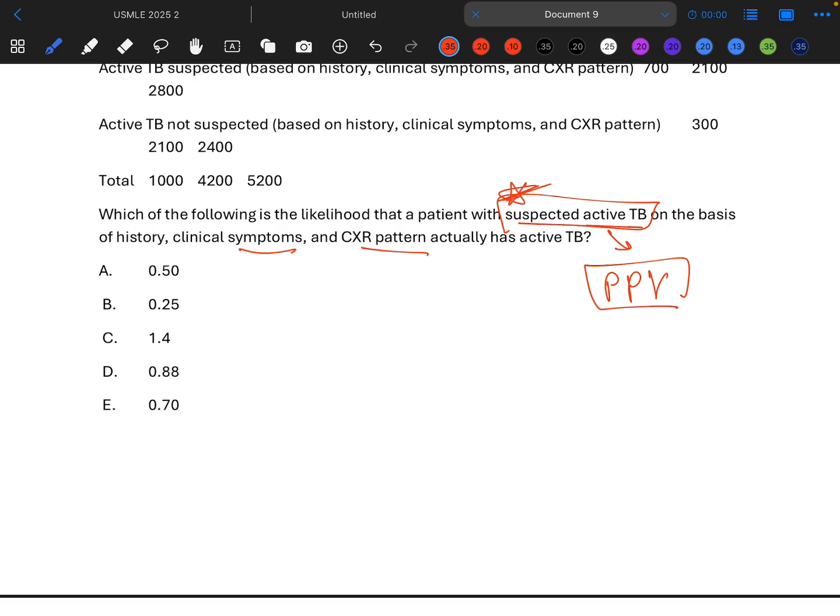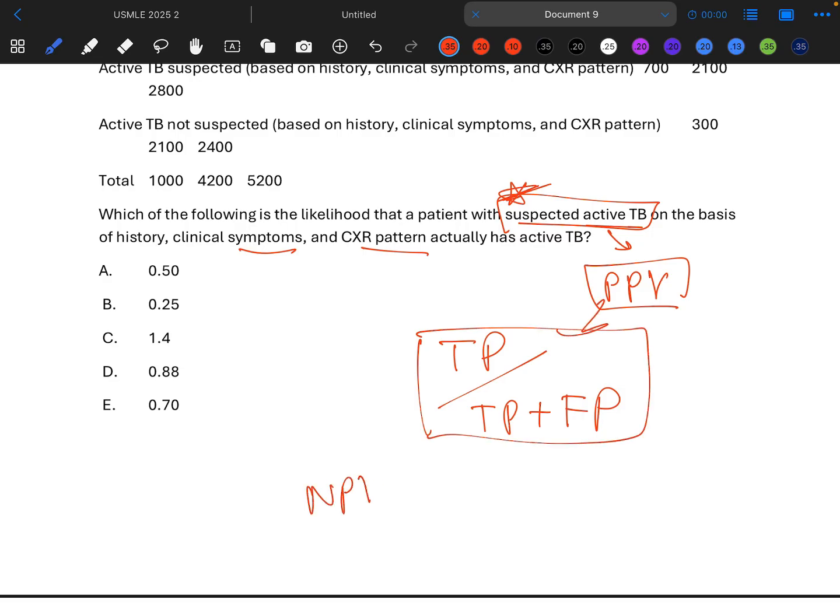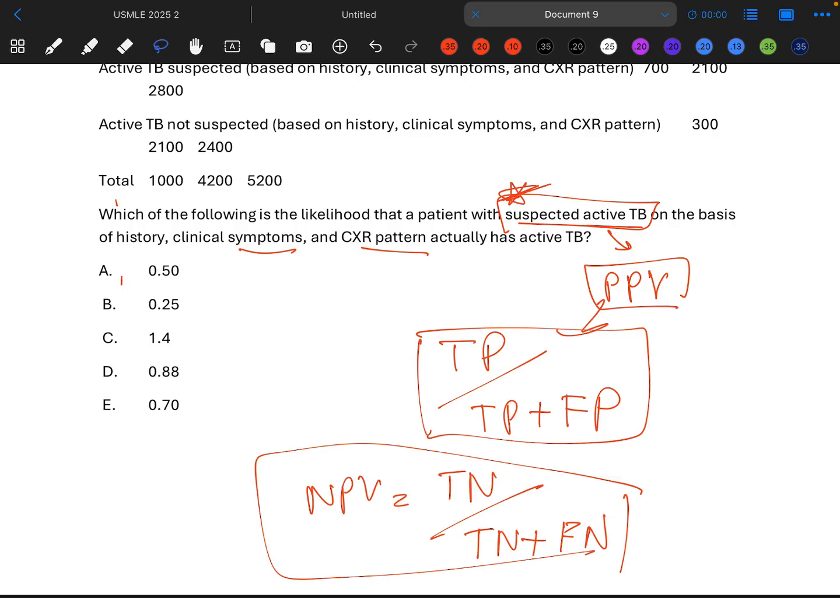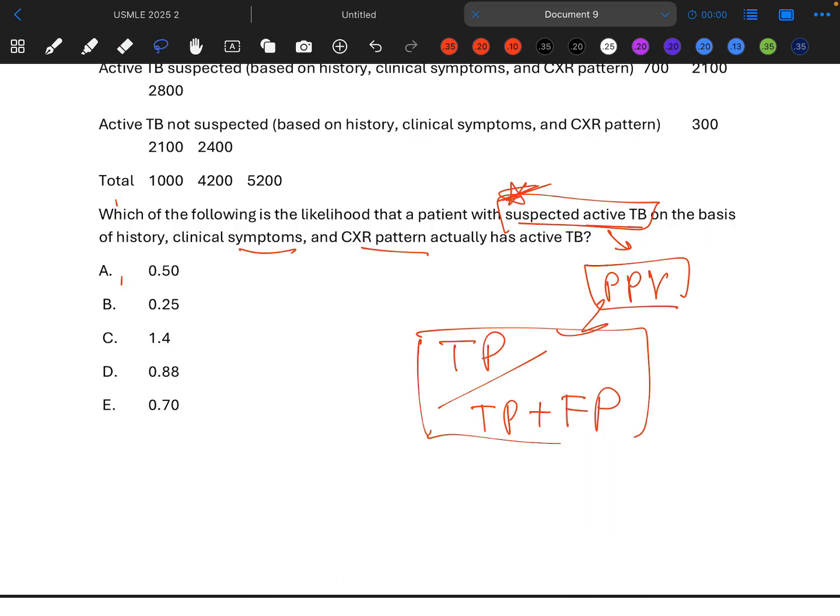In the previous question, when they asked for the likelihood that a patient doesn't have the disease, you would go for the negative predictive value. But now they are saying suspected active TB, so now we will find the positive predictive value, understand. The positive predictive value has a formula: true positive divided by the sum of true positive plus false positive.